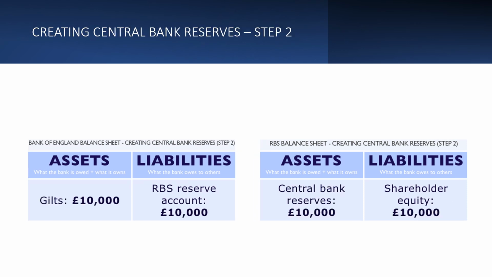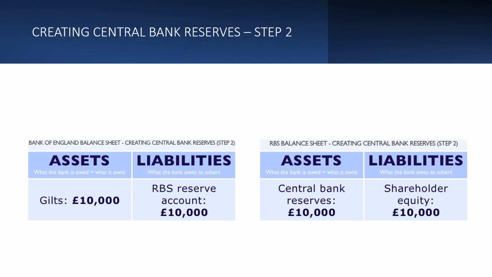So in this step, the Royal Bank of Scotland needs money and it needs to convert their gilts into reserves. Recall that reserves are nothing but cash which the commercial banks need to settle transactions with other banks. So the RBS contacts the central bank, the Bank of England, and informs them that they would like £10,000 as reserves.